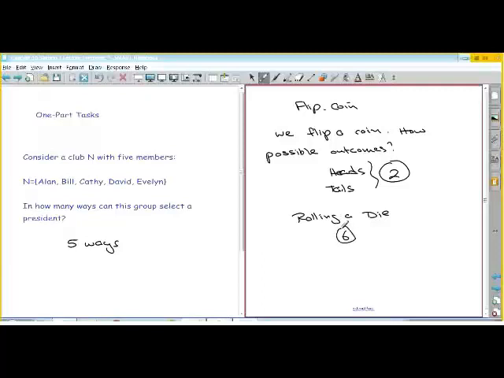A dice normally has numbers 1 through 6, but you could have colors. Theoretically you could have 2 sides that have the same color, so you might not have 6, but let's assume that all are different. It's a numbered dice, 1 through 6. It's 6. Those are just some simple examples of one-part tasks.